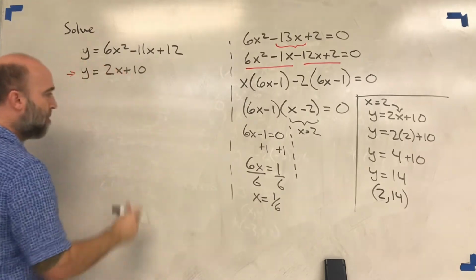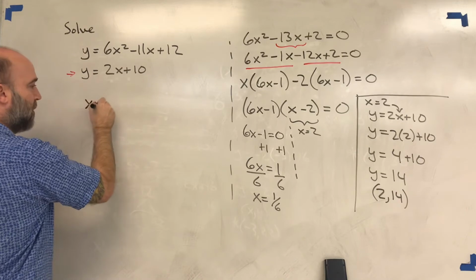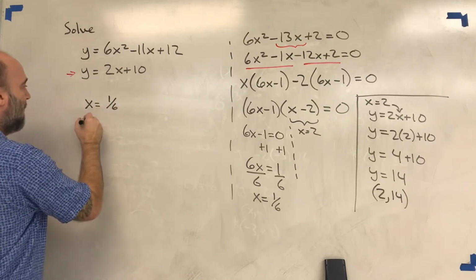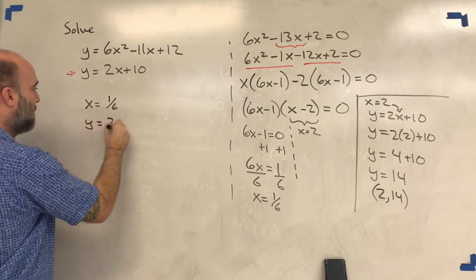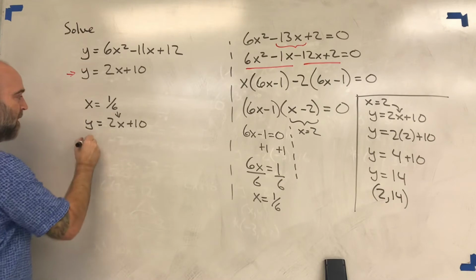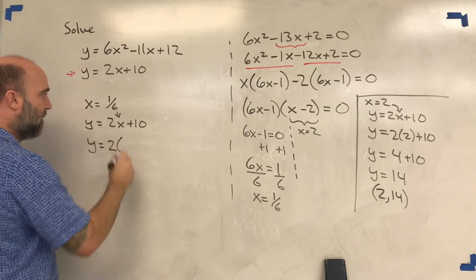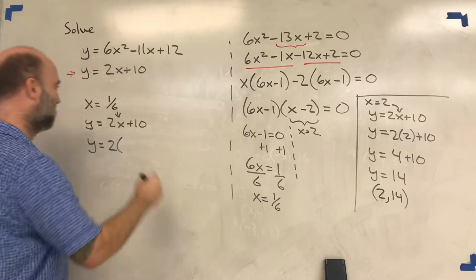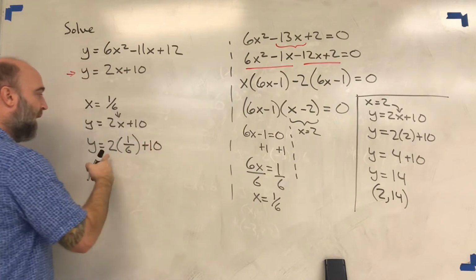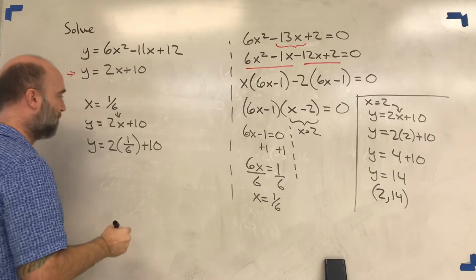Let's do the other one. When x equals 1/6, what's its corresponding part? For y equals 2x plus 10, we're plugging 1/6 into there. Y is equal to 2 times 1 over 6 plus 10.